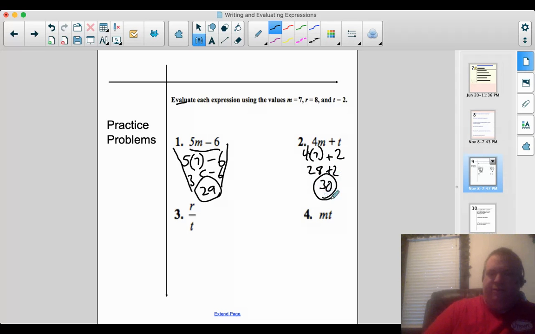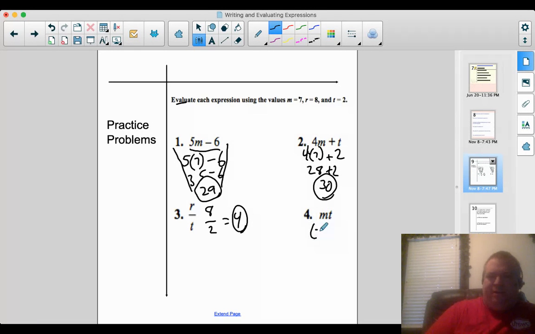Easy enough. Okay. Here we have r over t. This is a way of writing division. So r over t means r divided by t. So if r is 8 and t is 2, that's 8 divided by 2, which is 4. Okay. For finding mt, that's m times t.